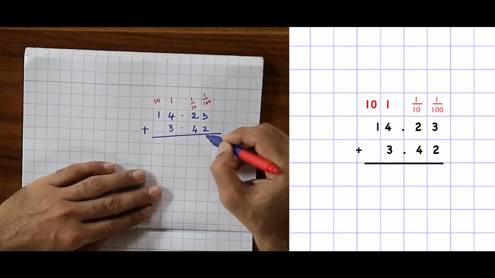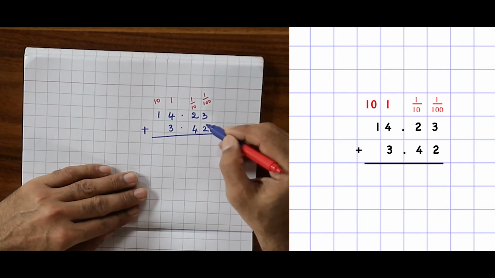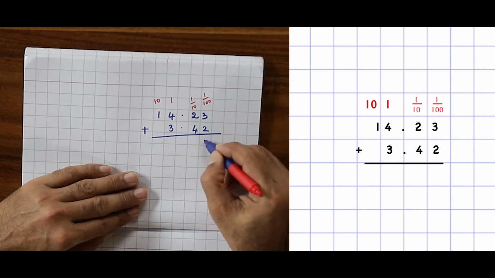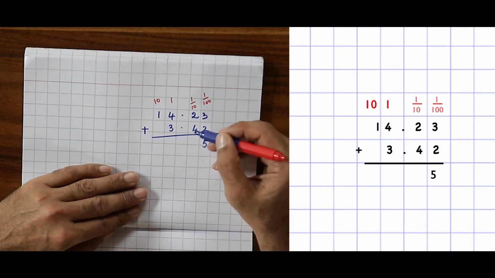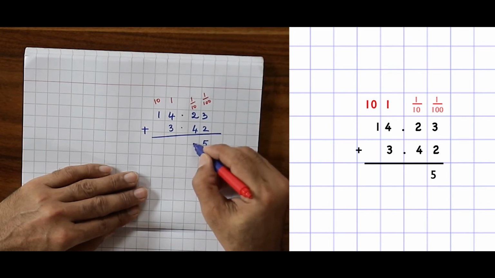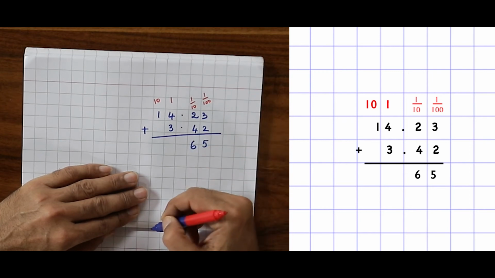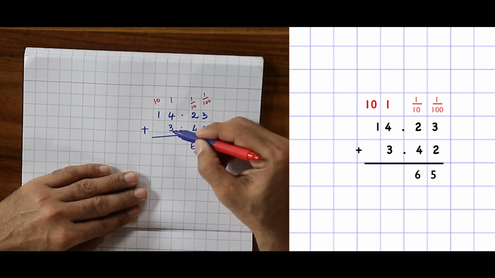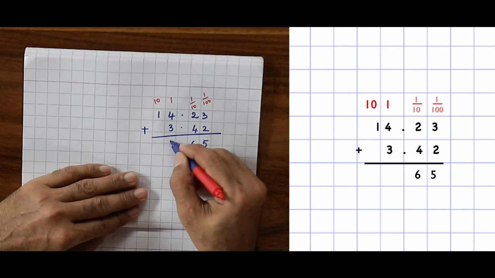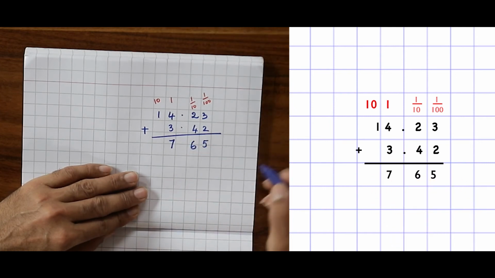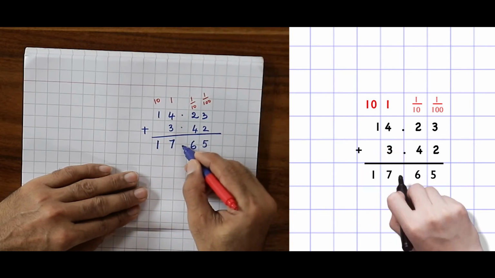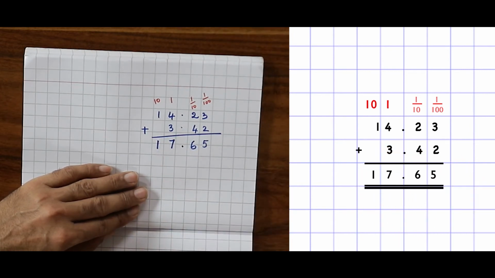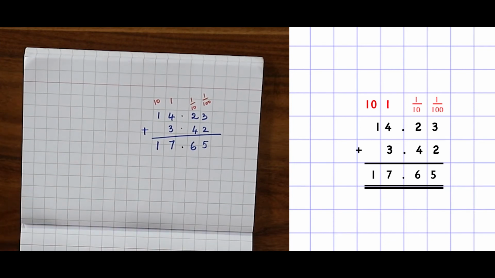What if we do it in the abstract stage? 3 of 1 by 100 plus 2 of 1 by 100 is 5 1 by 100. 4 of 1/10ths and 2 of 1/10ths would be 6 1/10ths. 3 units and 4 units would be 7. 1/10, no carryover, 17.65.